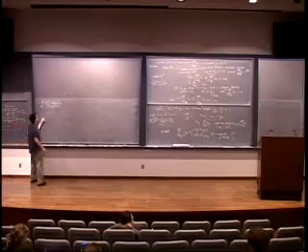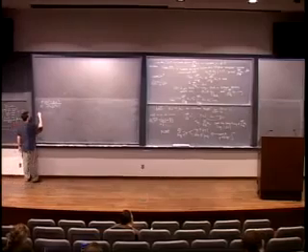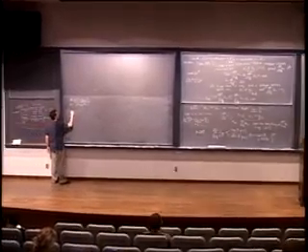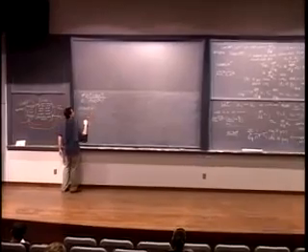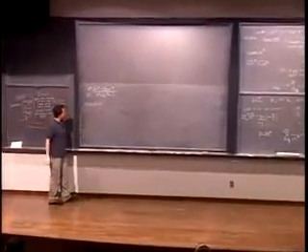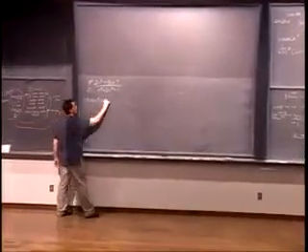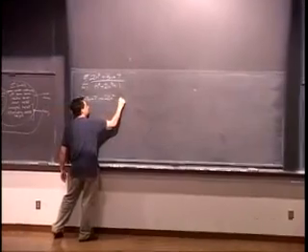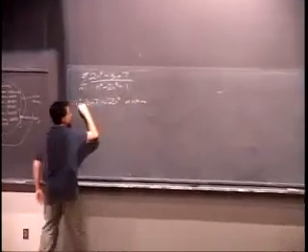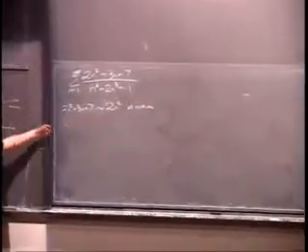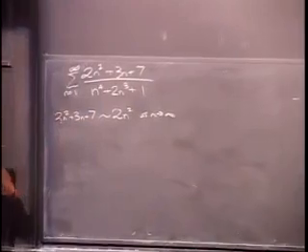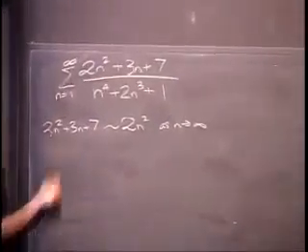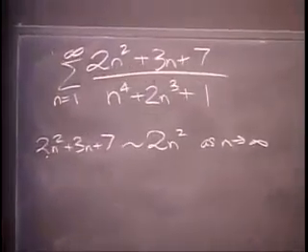You have to do something like this. Look, in 2n squared plus 3n plus 7, the largest term of a polynomial dominates when n goes to infinity. You can prove this by taking the ratio. You'll get 1 plus smaller stuff that goes to 0, stuff with powers of n on the bottom.